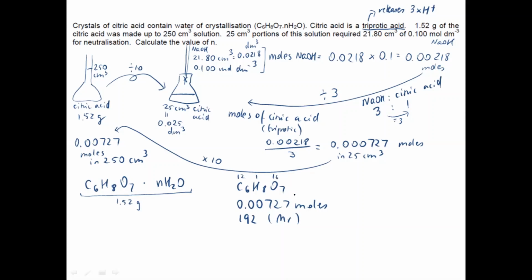If I have moles and Mr, you times them: 0.00727 times 192 is 1.3958 grams. So the whole citric acid is 1.52 gram, and this section is, let's round it off a bit, 1.396 gram. So how much is the water in here?